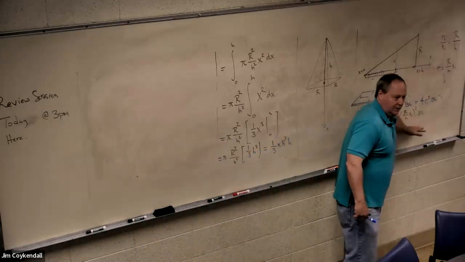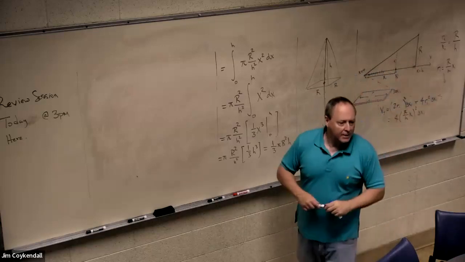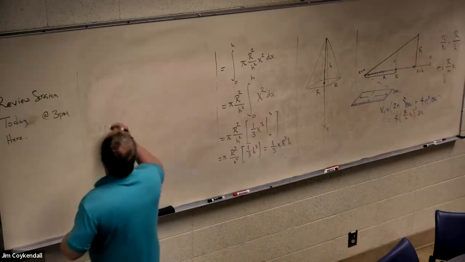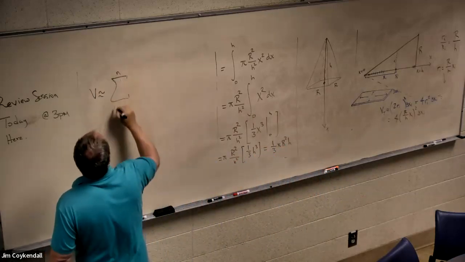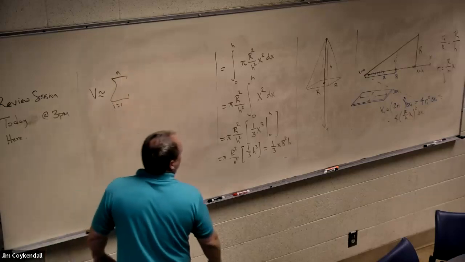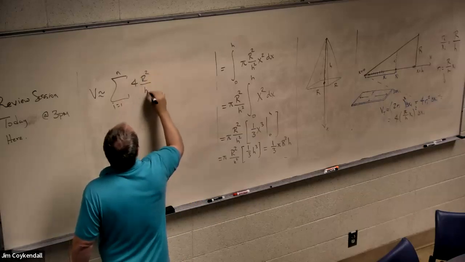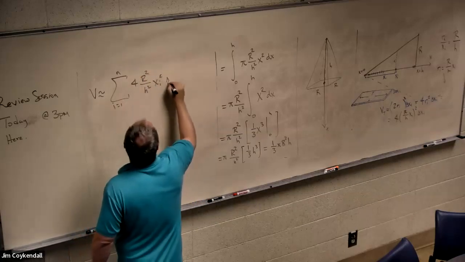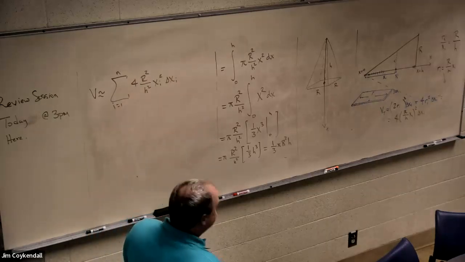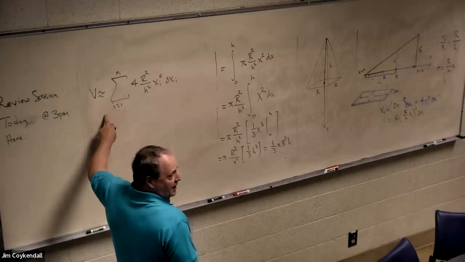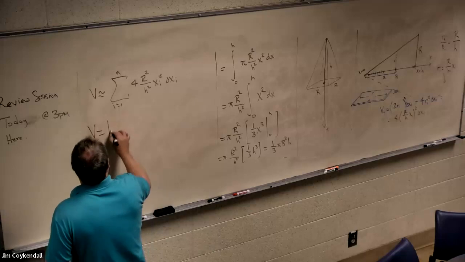That's just one slice of toast, right? To approximate the entire pyramid volume, I need to add up all the slices of toast: the sum of 4 R squared over H squared, xi squared, delta x. This is my approximation. To make it exact, just take a limit.